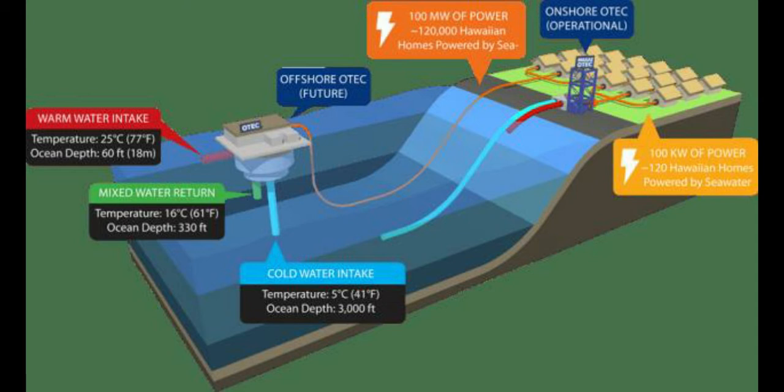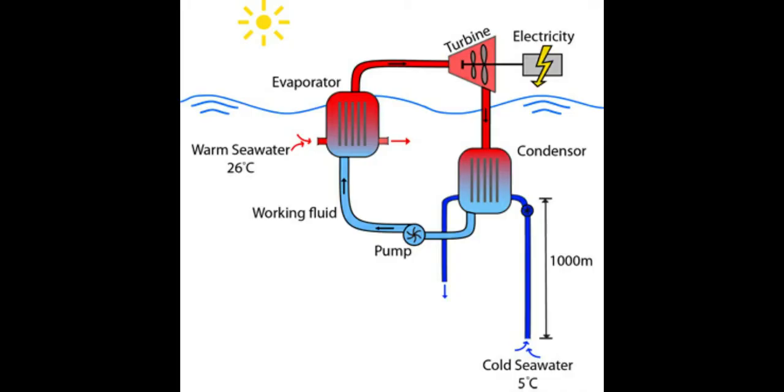In this system there is a difference in temperature of seawater, and using that cooler and warmer shallow water, we drive our heat engine to produce useful work. So we will solve a problem of this system.